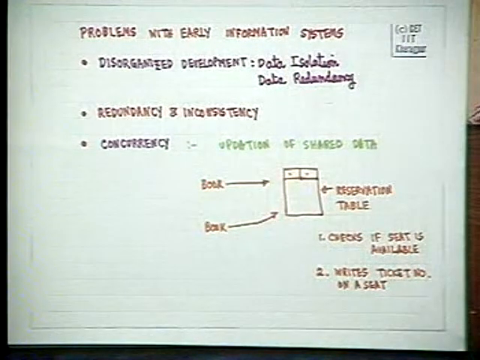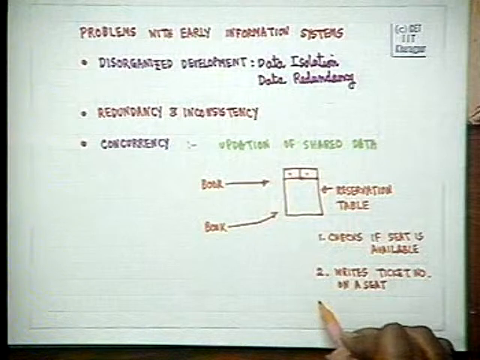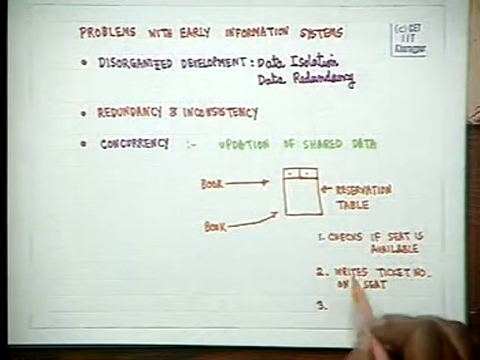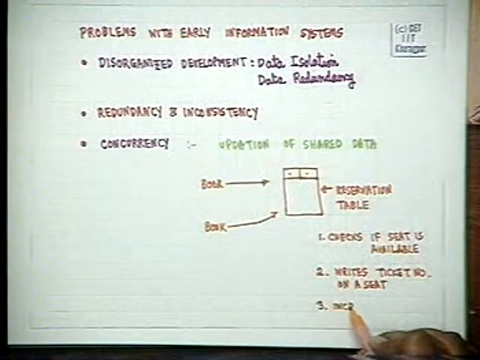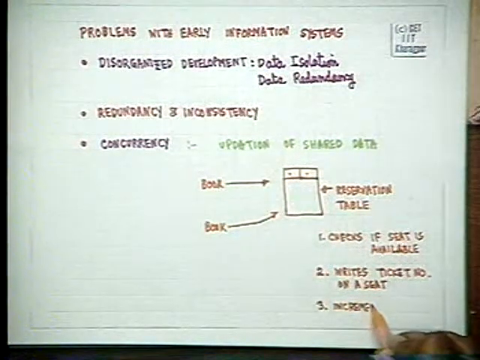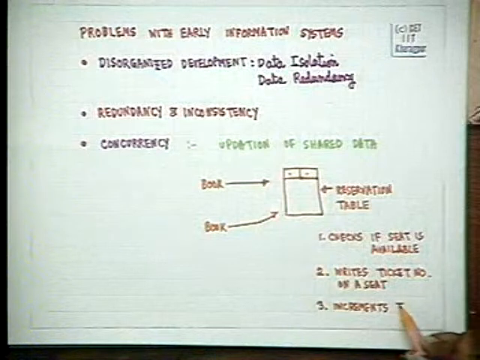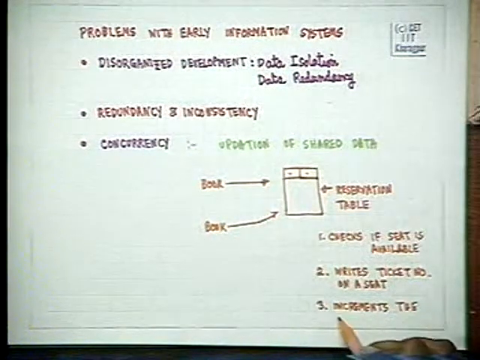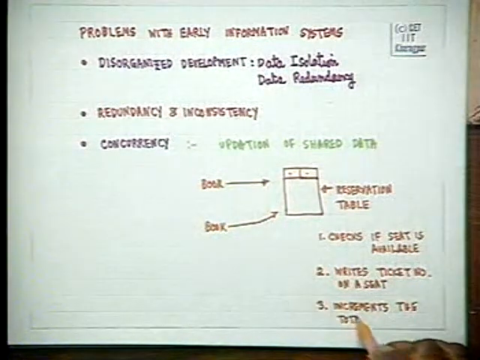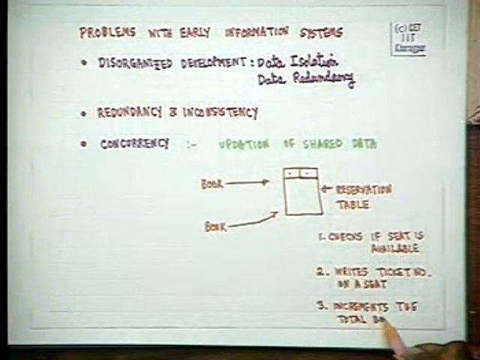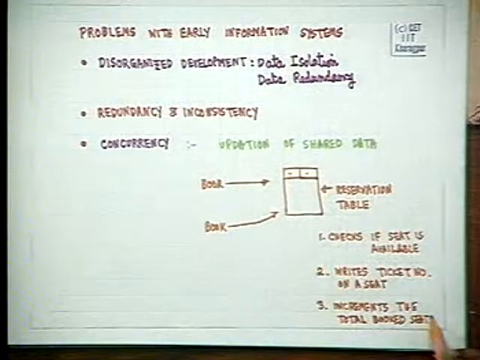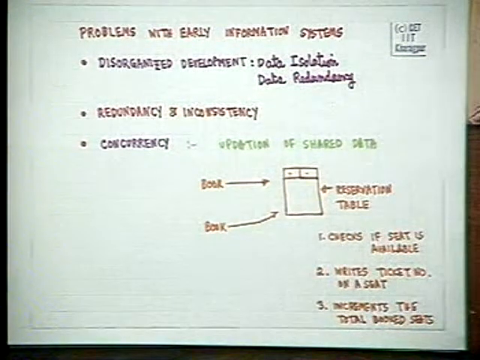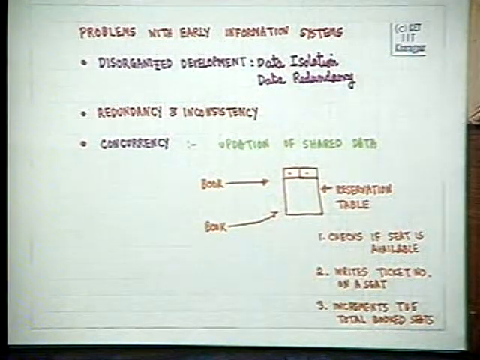So, for a particular seat it writes down that ticket number, and the third thing it does is, if seat is available, it increments the total seats counter, total booked seats. So, it increments the total number of seats which are booked.